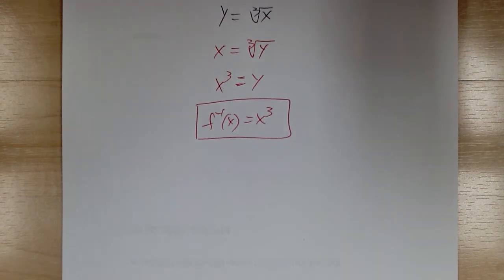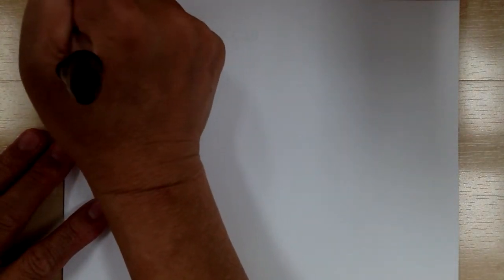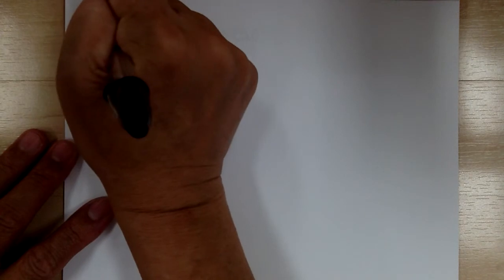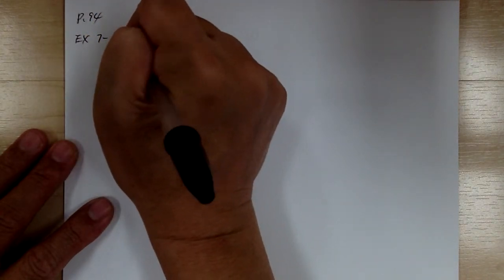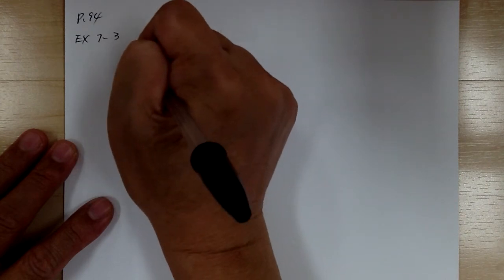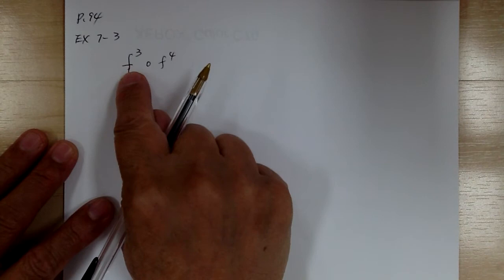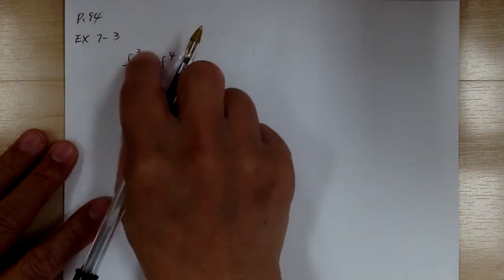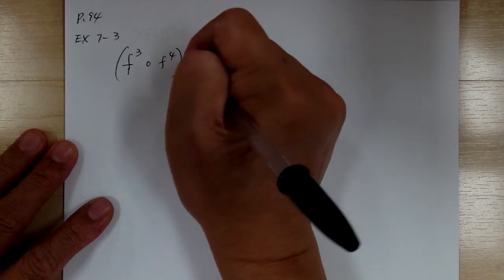Now there's another thing you have to be very careful about. Okay, let's go to example 7-3. Okay, you have f3 of f4. Now this is not a cube of a function. Okay, this is not a cube. This is not a fourth power, and I will explain a bit after that.